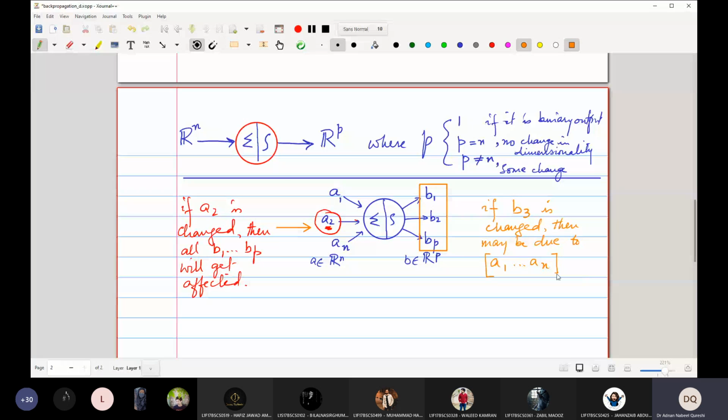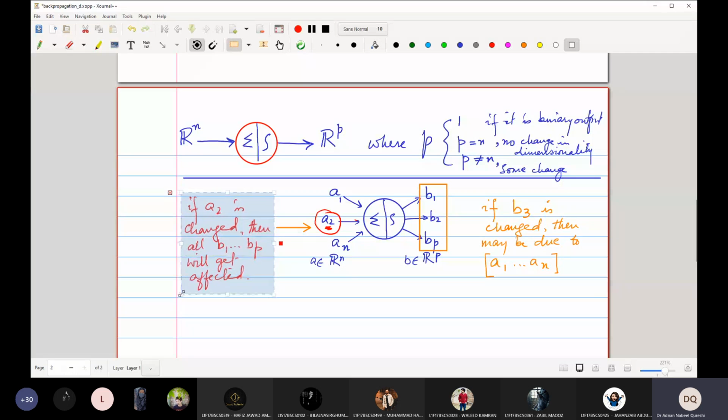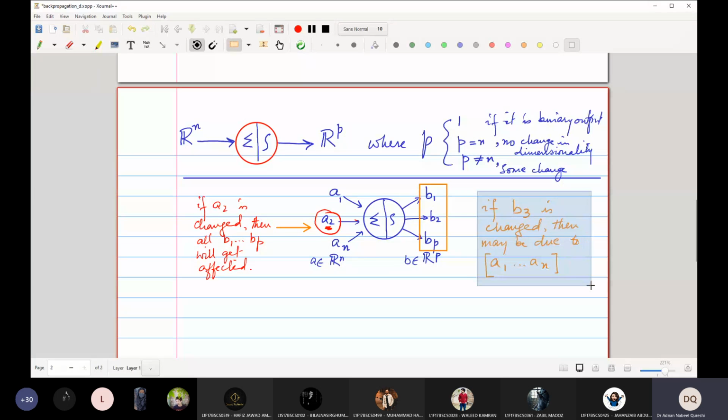So this is a very important point whenever we are discussing neural networks, that a layer gets inputs, a layer gets activations and gives outputs.